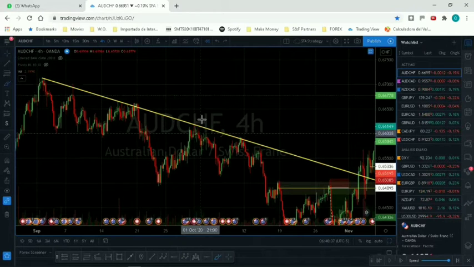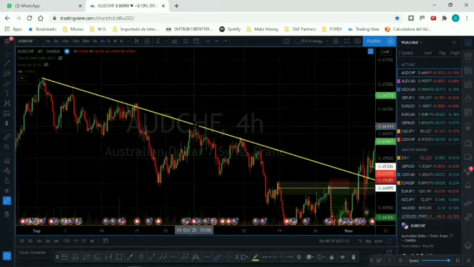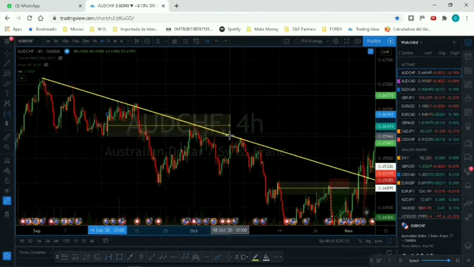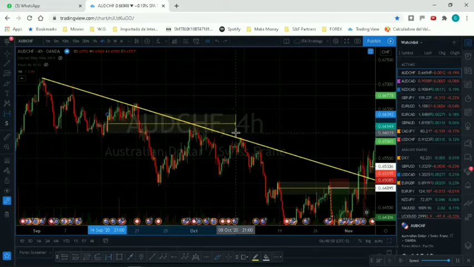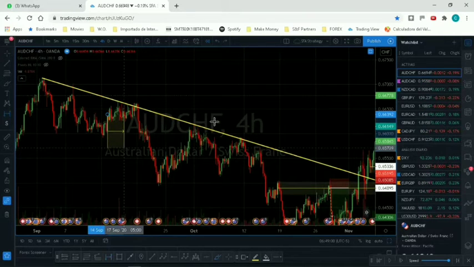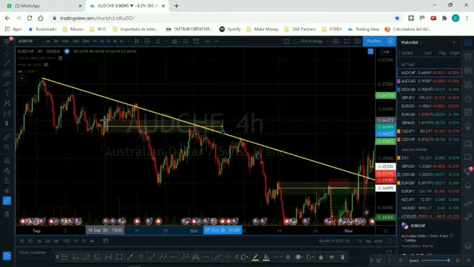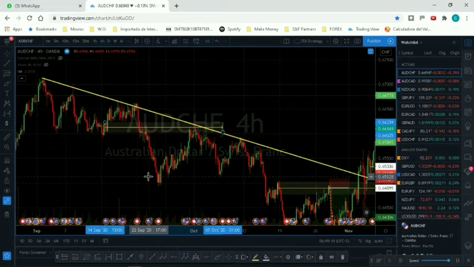So let's talk about this point right over here. This point can be explained perfectly by a really nice order block that we are going to find. Let's see, in the 50%. Oh, here we go. This is what we call a breaker.